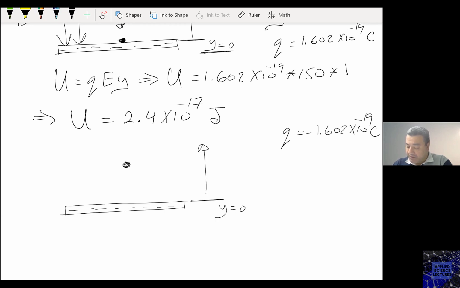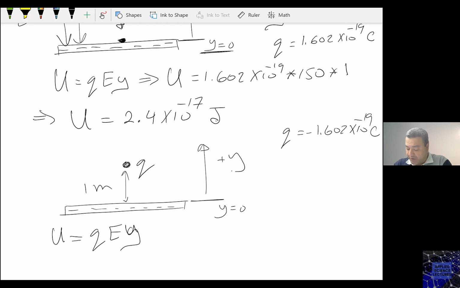The positive is pointing up this way, so this is my charge. Now I need to calculate the electric potential energy relative to the plate. So U in this case is QEY. So Y is 1 meter.